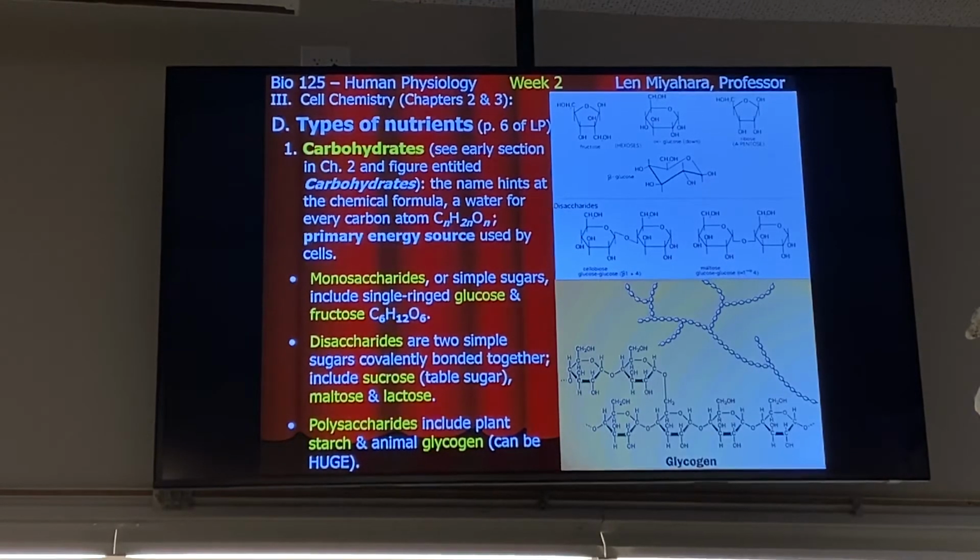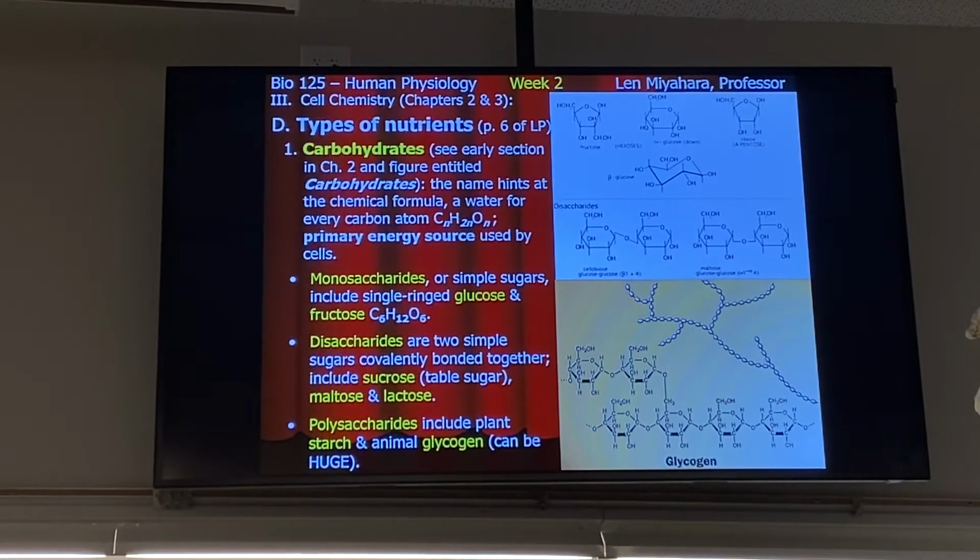The large chains are the carbohydrates out here. Now technically they're all carbohydrates. I tend to like to call carbohydrates the large chains. In this case, our cells make glycogen, plants make starch. Both are nothing but glucose links.